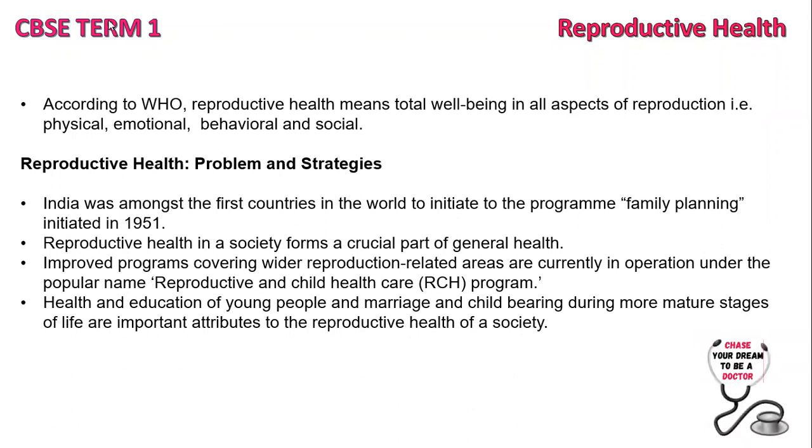The very first thing, we are talking about what reproductive health refers to. Tell me, what is reproductive health according to the World Health Organization? According to the World Health Organization, reproductive health means total well-being, not only in the medical aspect, but the well-being of a particular individual in the physical, emotional, behavioral, and social aspects.